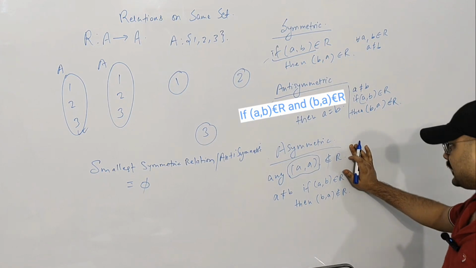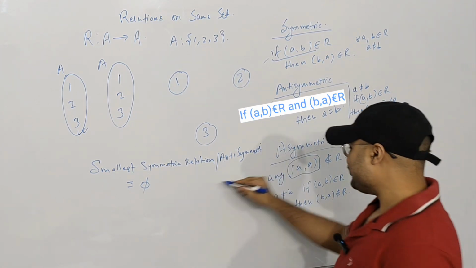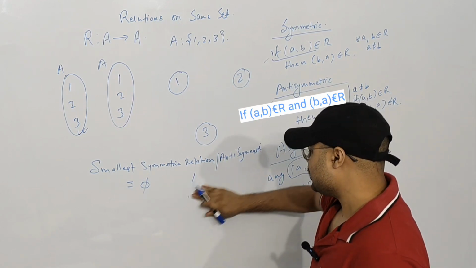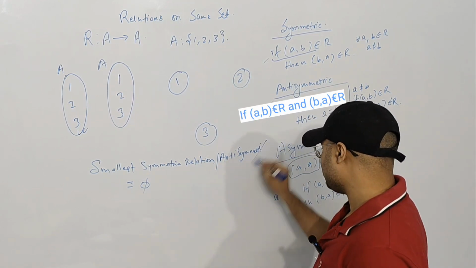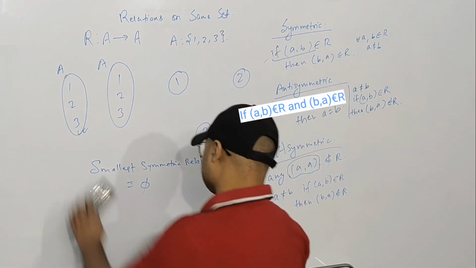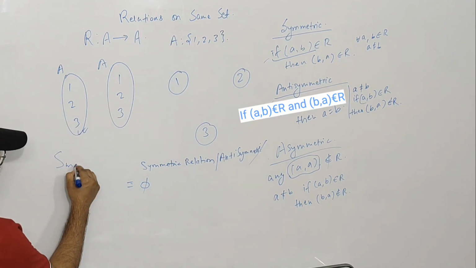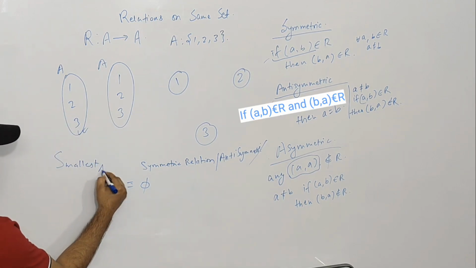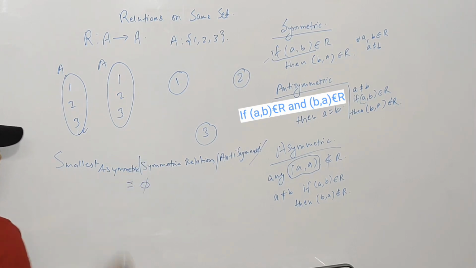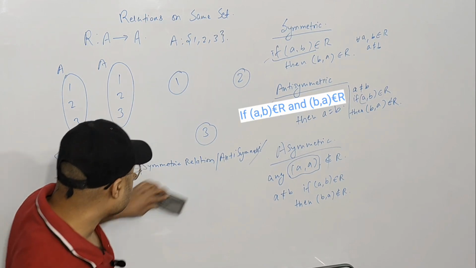What about asymmetric? It is also phi. So the smallest symmetric, anti-symmetric or asymmetric relation is phi.